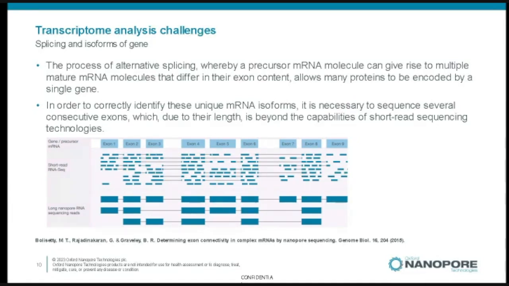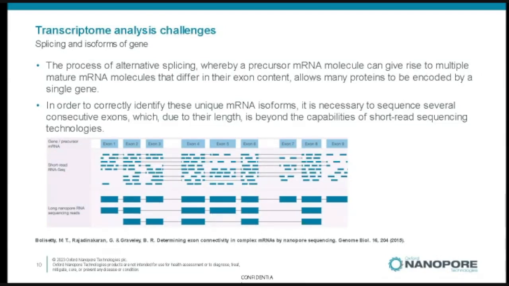Isoform 2 is missing exon 3, exon 7, and 9. We sequence through the entire transcript again. That's why we're able to detect it. And lastly, if we have an isoform that is missing exon 1, 5, 7, and 9, again, we are able to sequence the entire transcript.